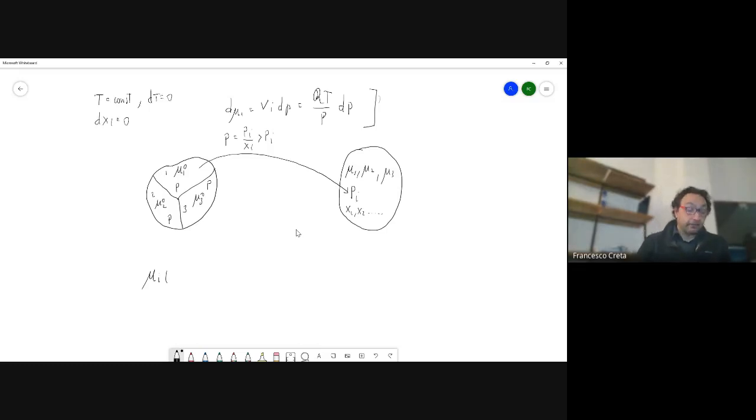So I will have mu I in the final state at the partial pressure pi, minus the pure state at temperature T and pressure P, okay? So here you can remind yourself that this is in the mixture at pressure pi, and this is when species I is pure, in the unmixed system, okay?